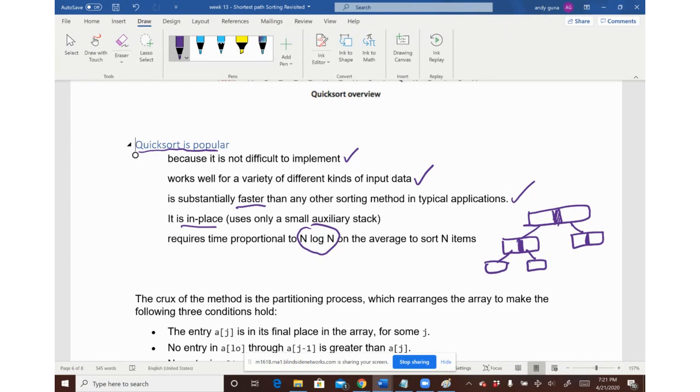And if you keep dividing something by half, you have a tree of height log n. So the same argument can be used: a partitioning step takes n work, just like the merge step in merge sort.